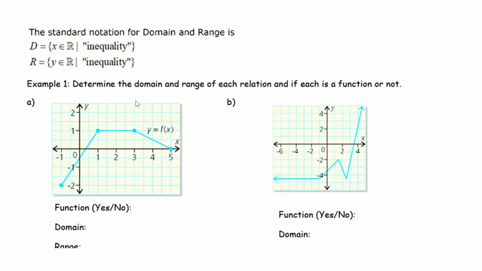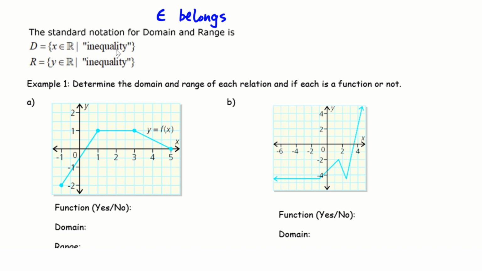So the standard notation for domain and range is this. This is domain, then equals, such that x belongs to all real numbers. So this is like the E. X belongs to R means all real numbers.